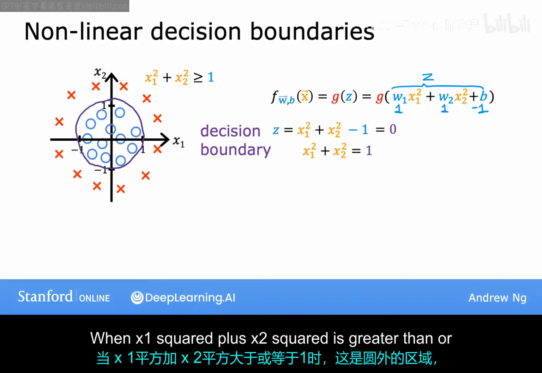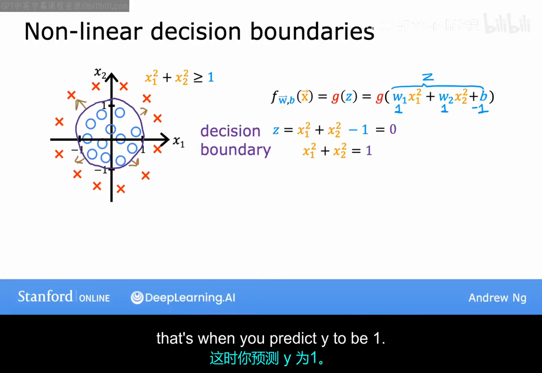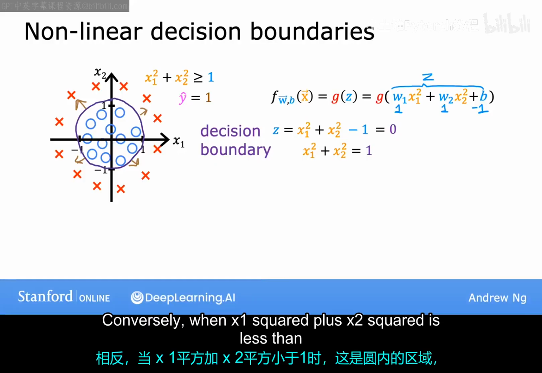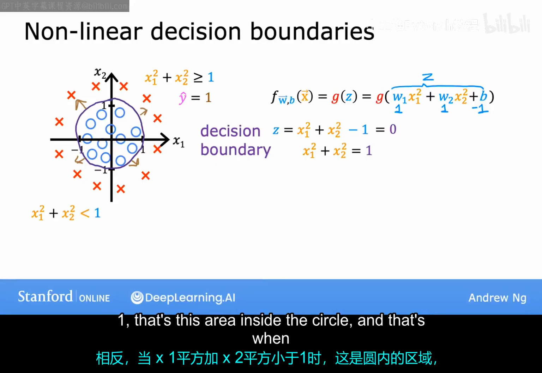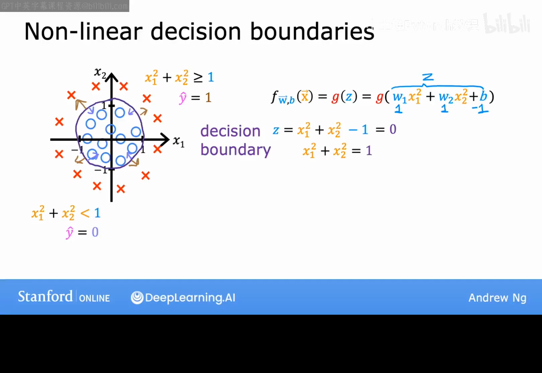When x1 squared plus x2 squared is greater than or equal to 1, that's this area outside the circle, and that's when you predict y to be 1. Conversely, when x1 squared plus x2 squared is less than 1, that's this area inside the circle, and that's when you would predict y to be 0.